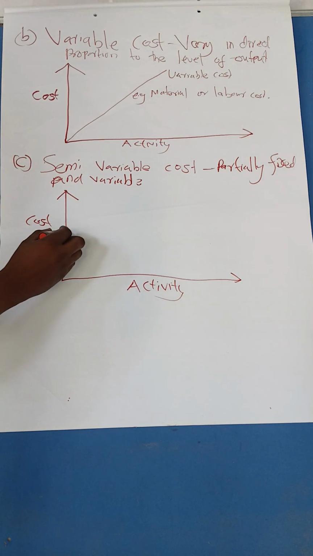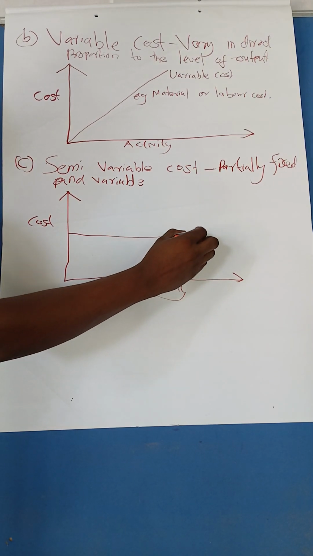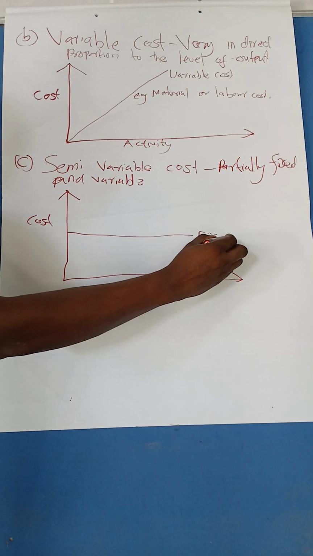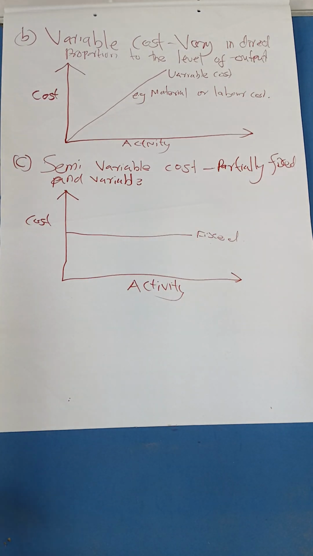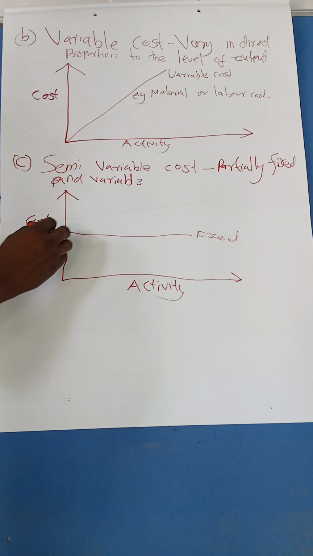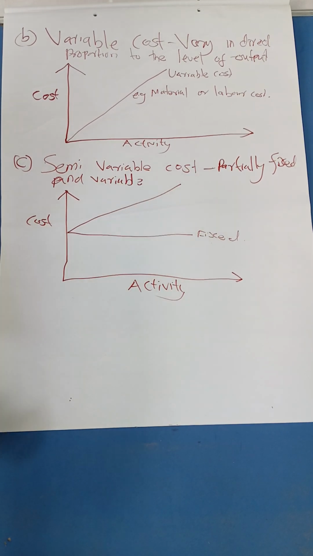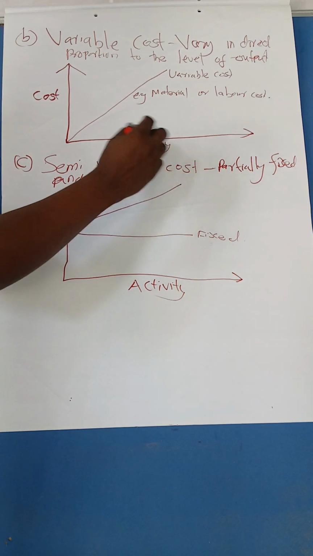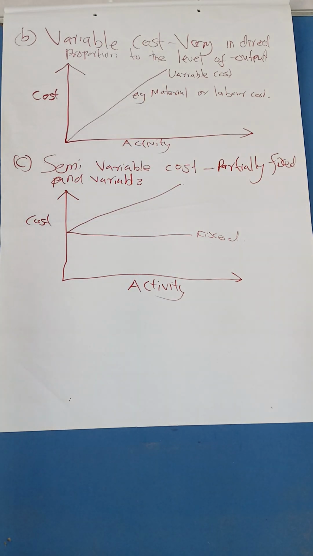Others can maintain a fixed amount for the whole month, because that is the only activity they are carrying out in the organization. But it can also go that side, and we call that changing at a constant rate. So this one can also increase. That is one diagram you can use.